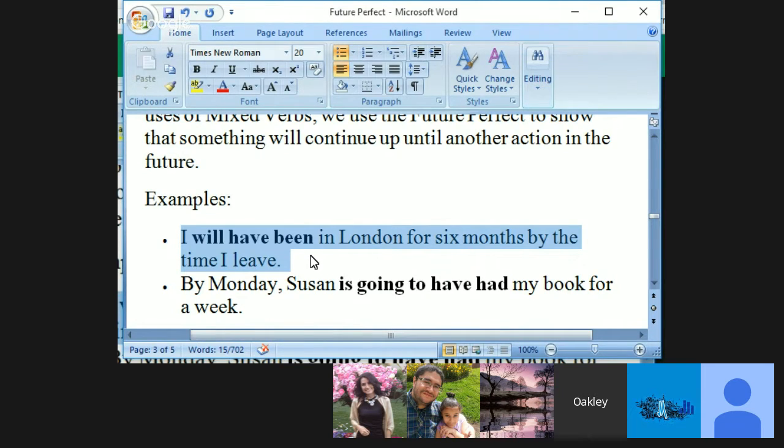These non-continuous or mixed verbs, doesn't matter future, past, present, perfect continuous, whatever, they can't be used in any continuous form. So it always reverts back to a simple form. So it reverts back to simple future perfect instead of future perfect continuous.